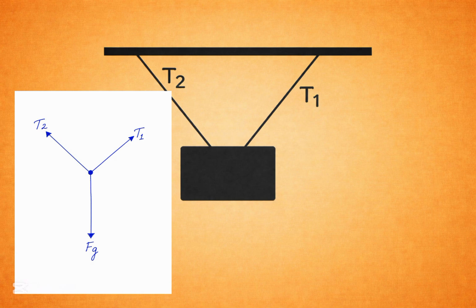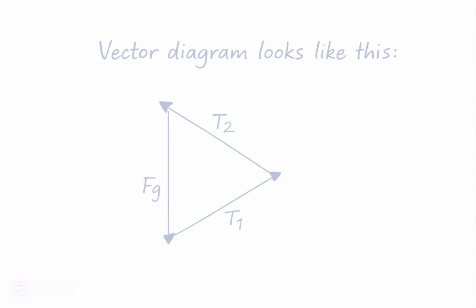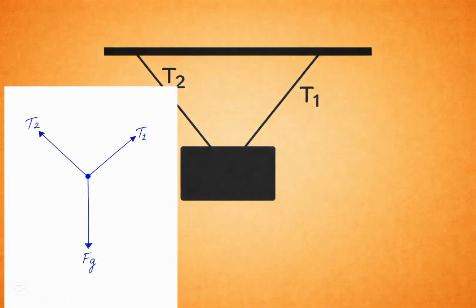So now let's come to a vector diagram. With the vector diagram, people, you can see these arrows, T1, T2, and Fg. It's 3 marks: 1 mark for T2, 1 mark for T1, 1 mark for Fg or W. But now, when we draw the vector diagram, it's very simple. You see those arrows, you can take them and separate them, but not changing the direction.